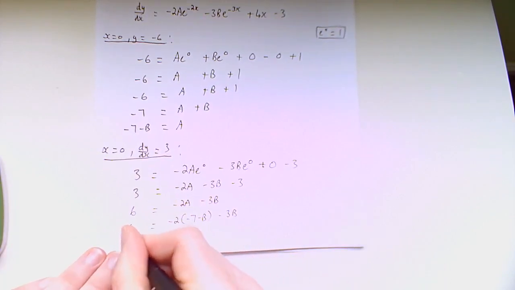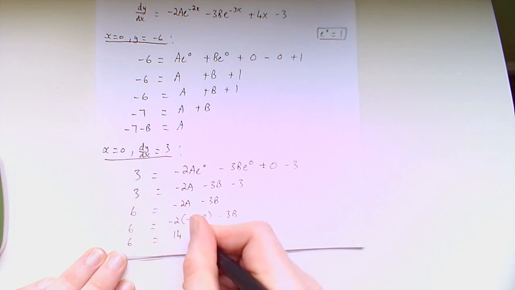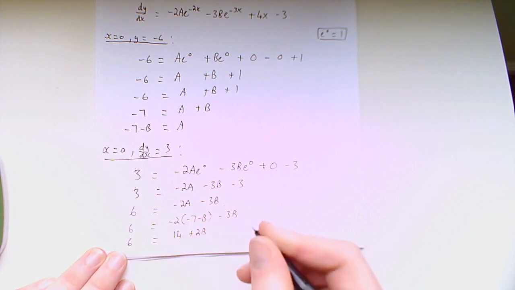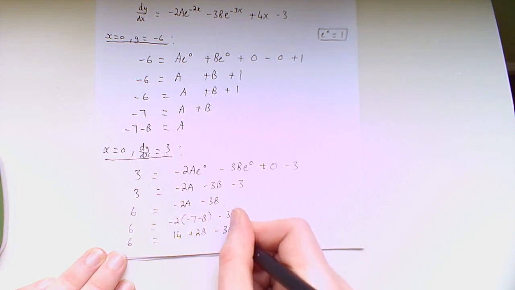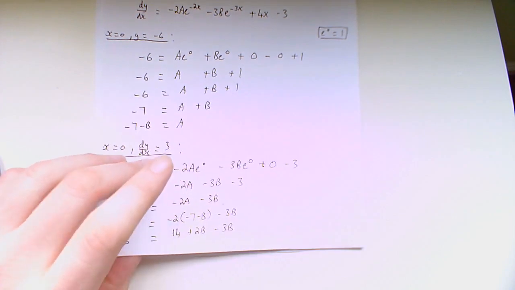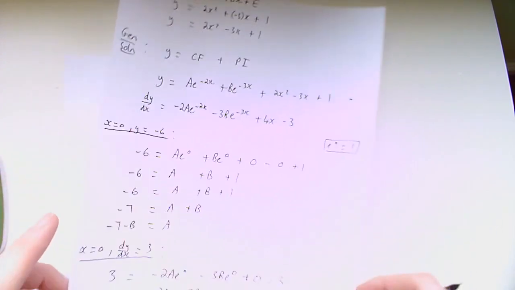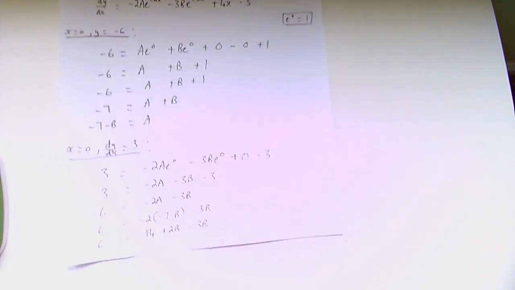So that means that 6 equals 14 plus 2b take away 3b. Just like that. Okay, so I'm just going to move the page up.